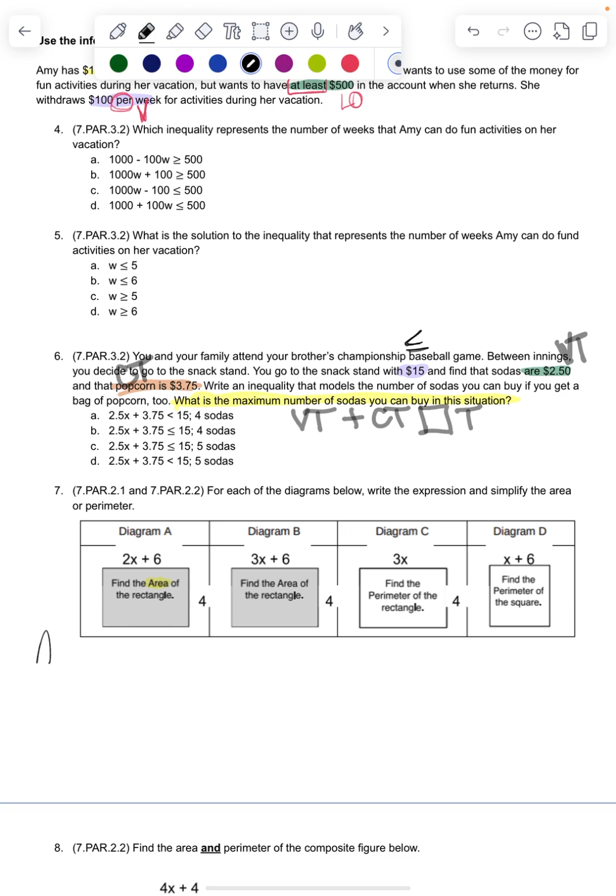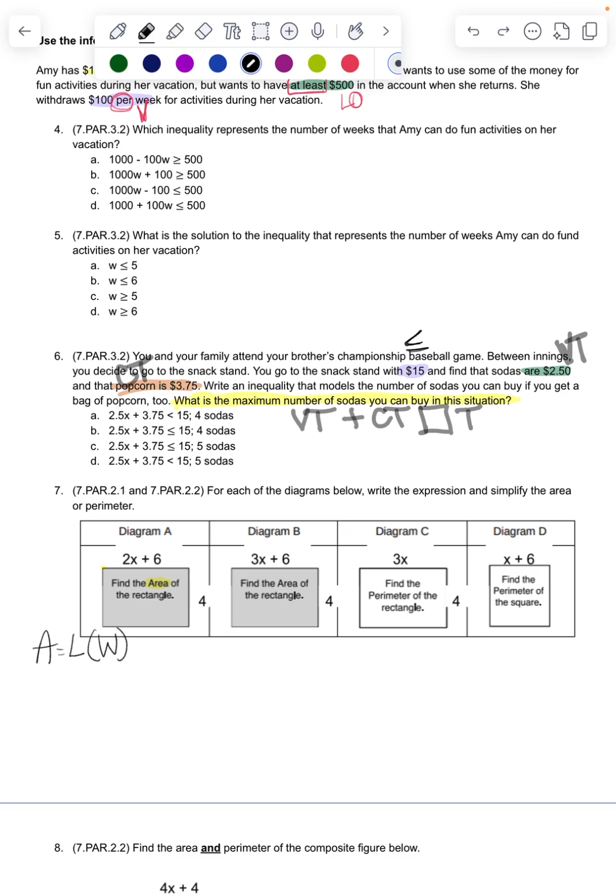We know that area equals length times width, okay? So we have to have a length and a width. Keep this in your brain: if the model has a constant term as a length and it's not using two expressions, I use that as my length.